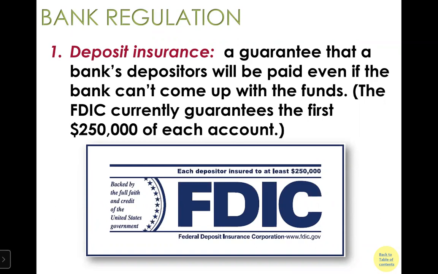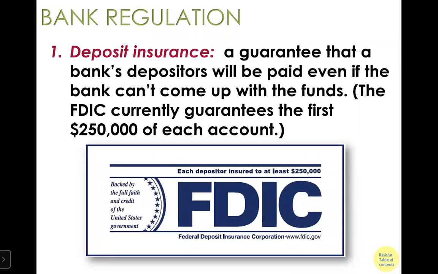What that means is if you deposit your money in the bank, by law, the bank is required to buy insurance to guarantee your first $250,000 will be safe in case the bank fails.